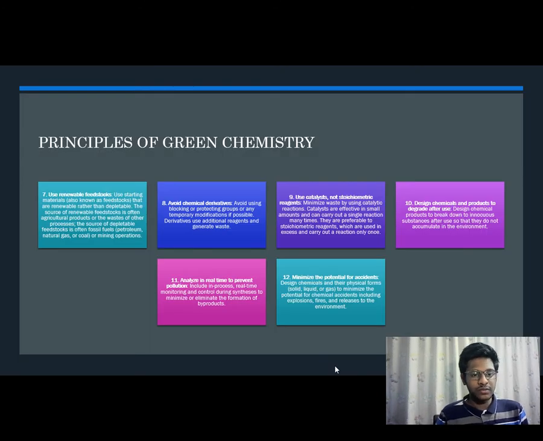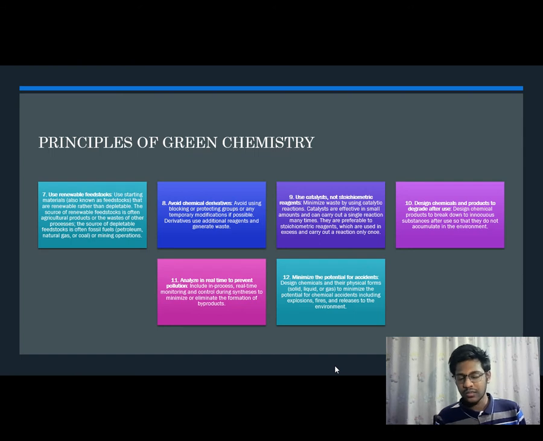Use renewable feedstocks: use starting materials that are renewable rather than depletable. Avoid chemical derivatives: avoid using blocking or protecting groups or any temporary modifications where possible. Use catalysts, not stoichiometric reagents.